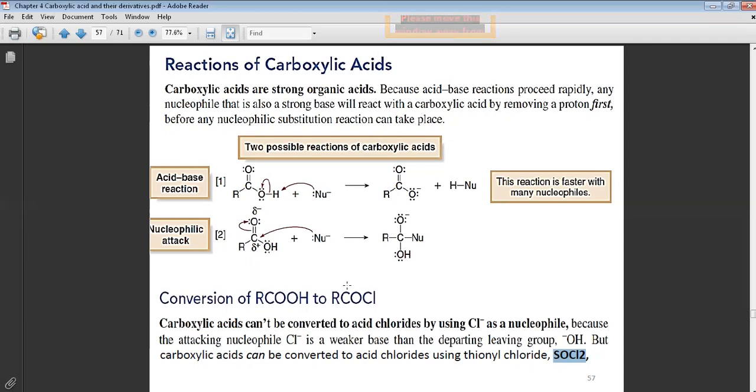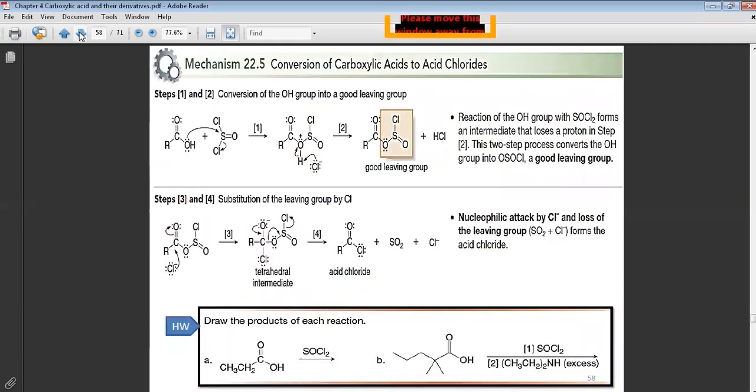Okay, special reagents. Then this finishes. Is this your question? Okay.